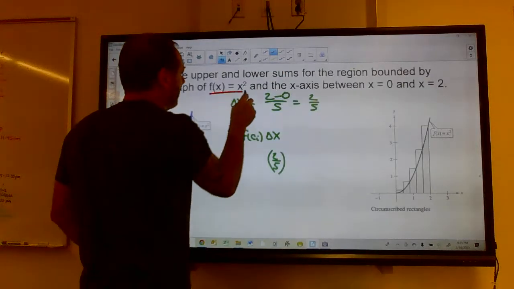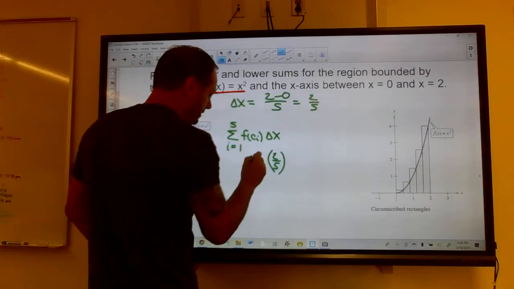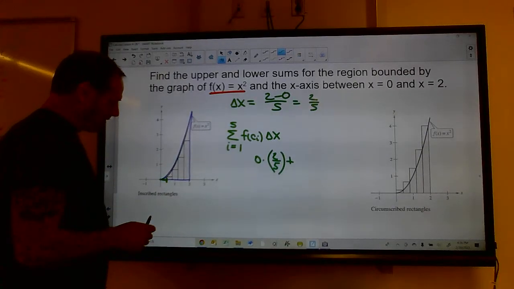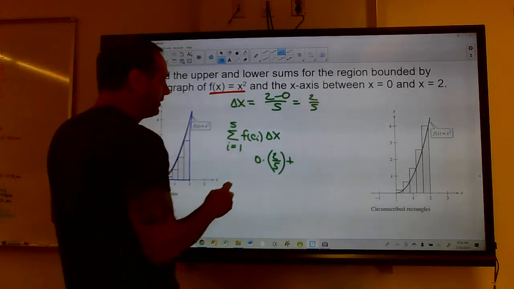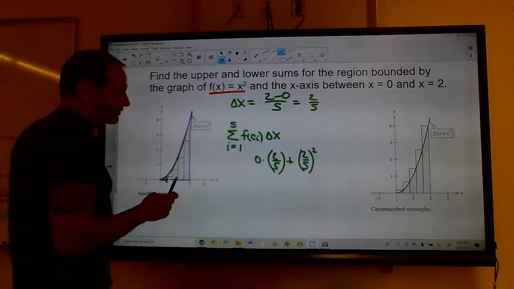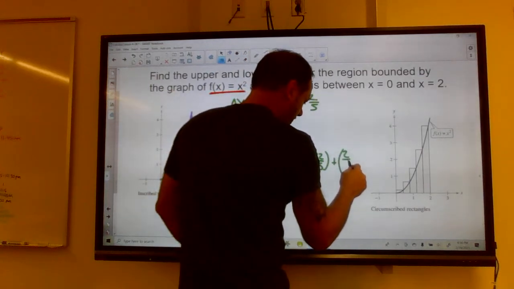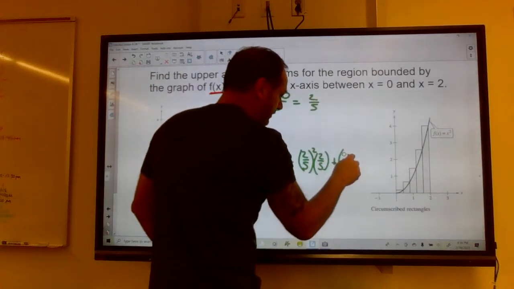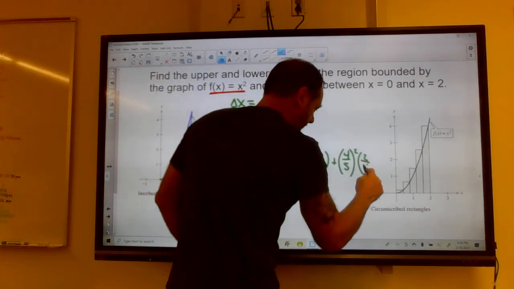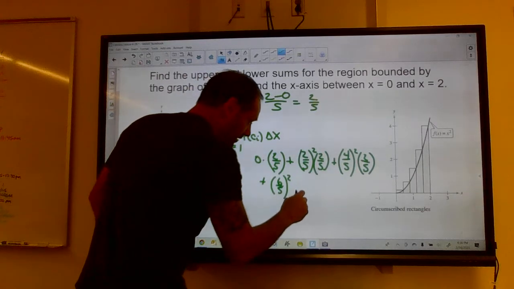Remember, my f of x is x squared here, so this first one is 0 times 2/5, plus, now I go to the second one, and the height of that is going to be 2/5 squared, because I plug 2/5 into x squared, times the base, 2/5, plus the next one, which is 4/5 squared times 2/5, plus 6/5 squared times 2/5.